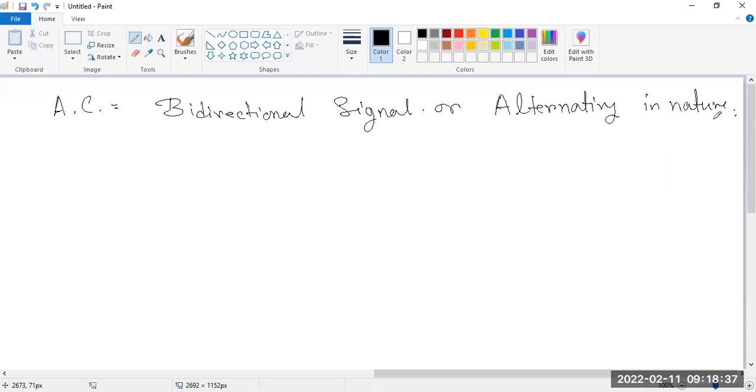But DC is constant. This is the definition of the AC signal, or maybe variable.